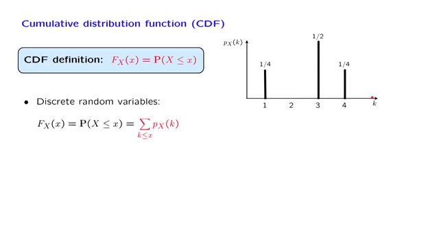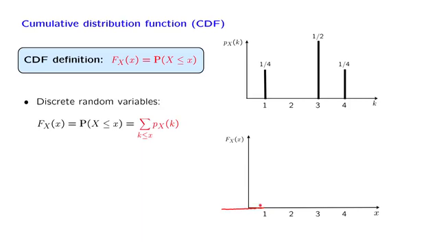This is an example of a discrete random variable described by a PMF, and let us try to calculate the corresponding CDF. The probability of falling to the left of this number, for example, is equal to 0, and all the way up to 1, there is 0 probability of getting a value for the random variable less than that.